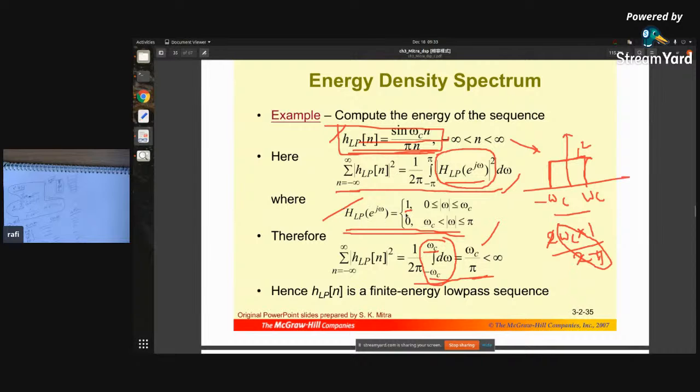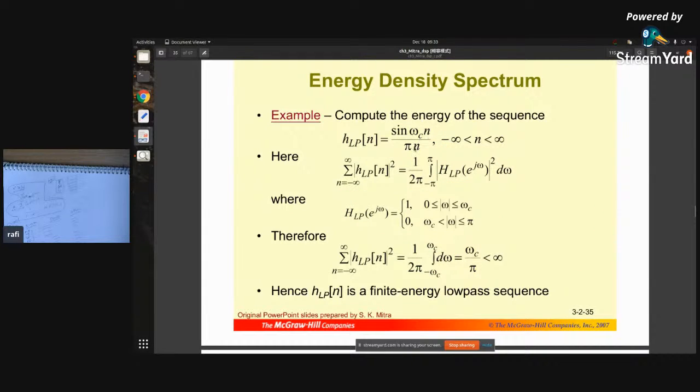H_LP of e^{j omega} is 1, mod H_LP of e^{j omega} is also 1, mod H_LP of e^{j omega} squared is also 1 squared, which is 1. So the energy spectral density of this is 1. If someone asks you the energy spectral density of sin(omega c n)/(pi n), let us call it S_h of omega, which is mod H of omega squared.